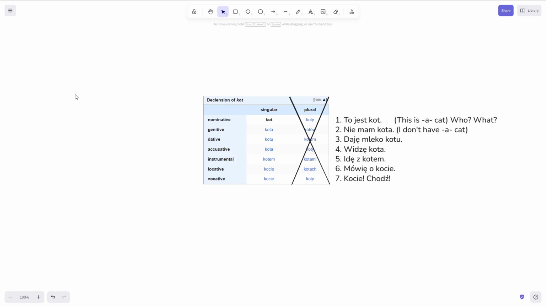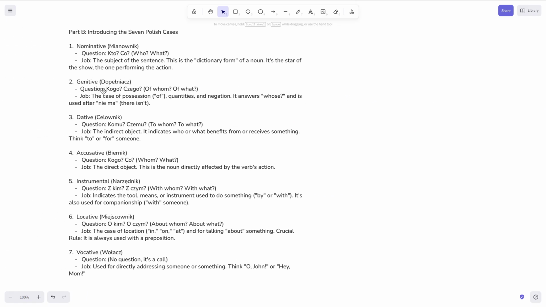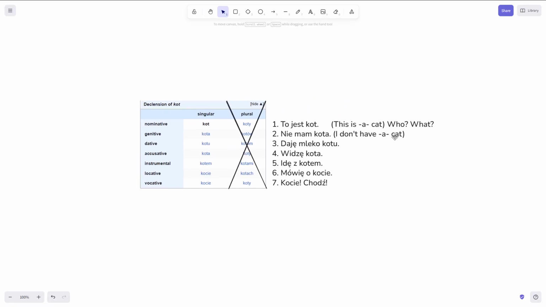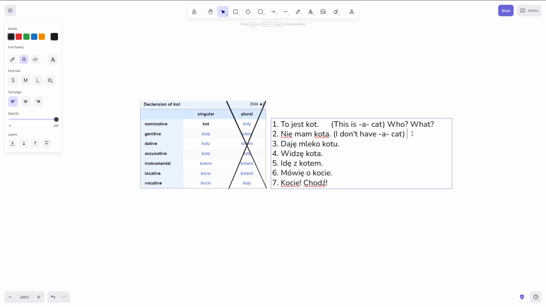But when you look over there at genitive, it answers of whom, of what, but it is also used after nie ma, there isn't, or someone doesn't have. You don't have what? So I don't have a cat answers actually the second of who, of what.